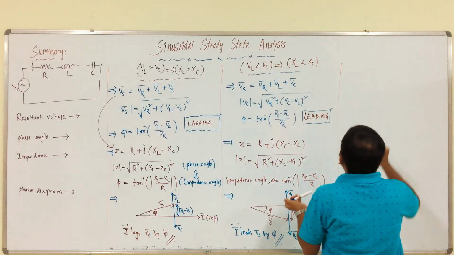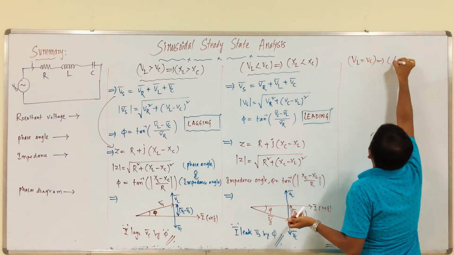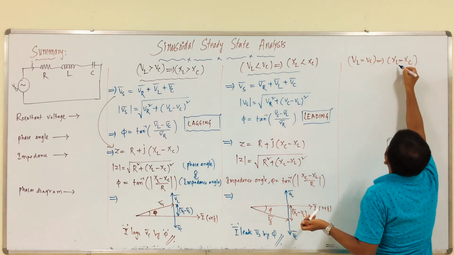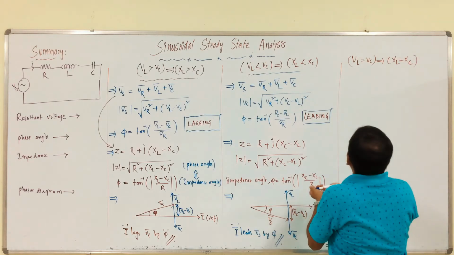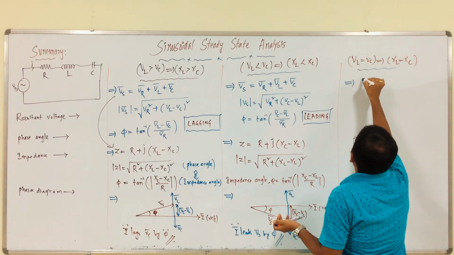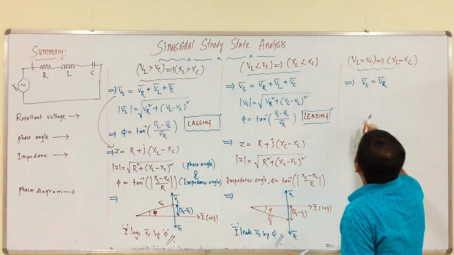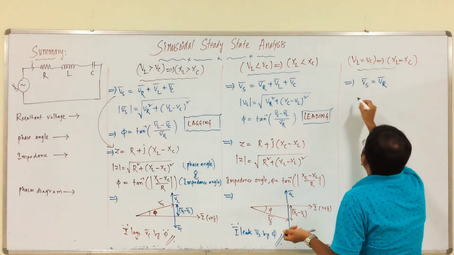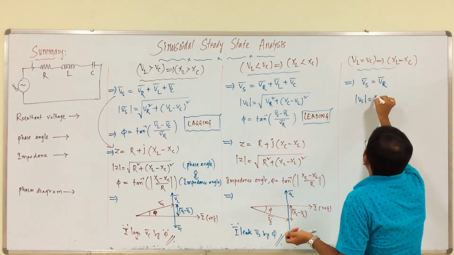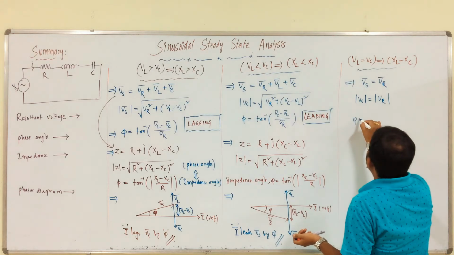Next is what? VL is equal to VC, that is XL is equal to XC, right? This is the last case. So, from this the resultant is VR only, because then mod Vs is equal to mod Vr. Clear? Therefore, phi is what?